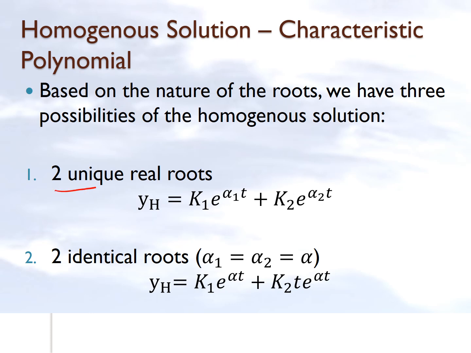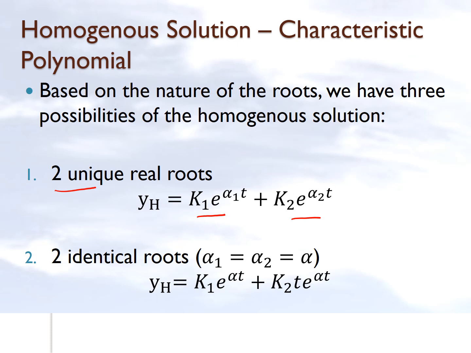If this is the case, then the homogeneous solution would be two exponentials, one whose exponent is the first root, the second is an exponential whose exponent is the second root. K1 and K2 are some constants that can be obtained using the initial conditions of the differential equation.